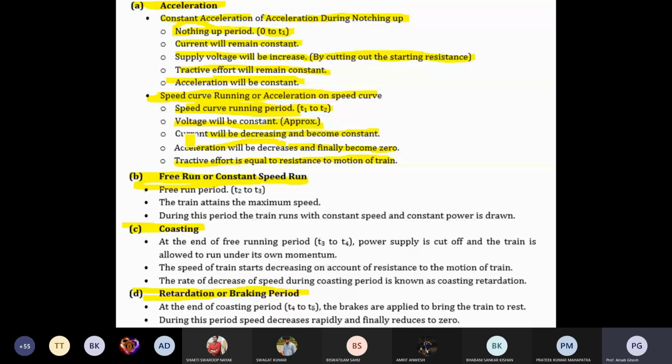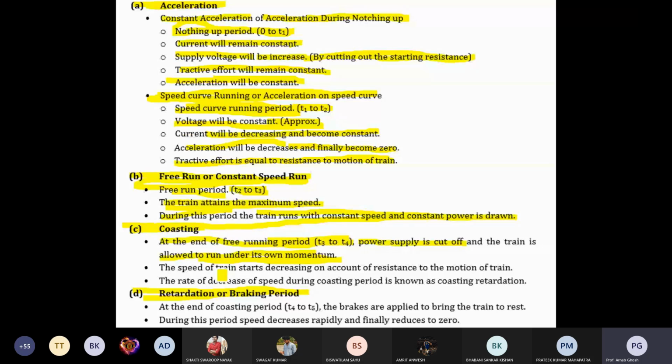Then coasting period. Coasting period means the end of the free running period, T3 to T4. The power supply is cut and the train is allowed to run under its own momentum. Basically, moment of inertia that I am telling you. So in coasting period, power supply is cut, so it is going on its moment of inertia, and additional power is fed back to your system.